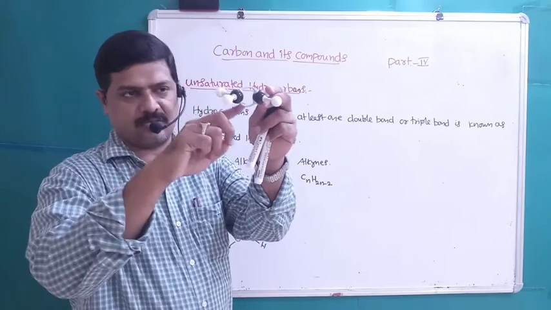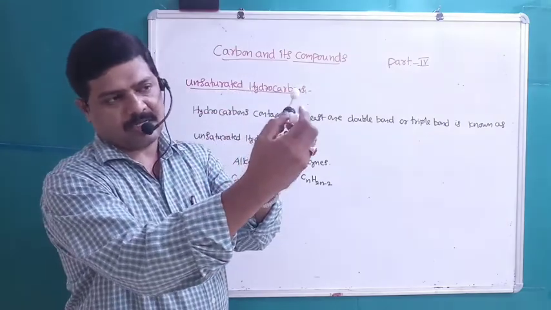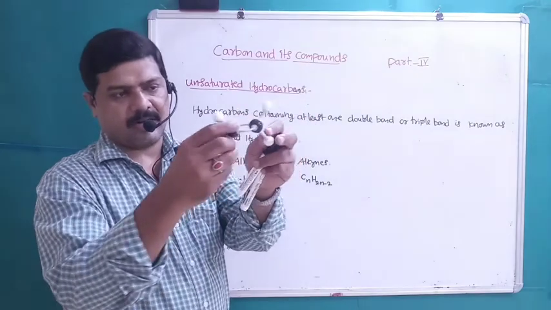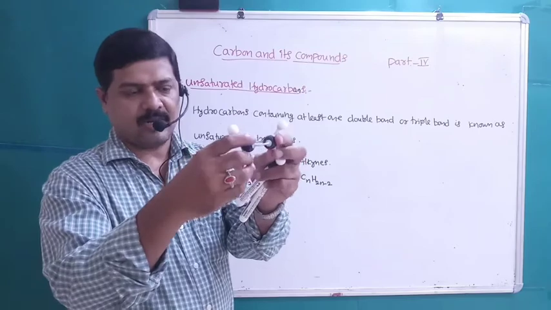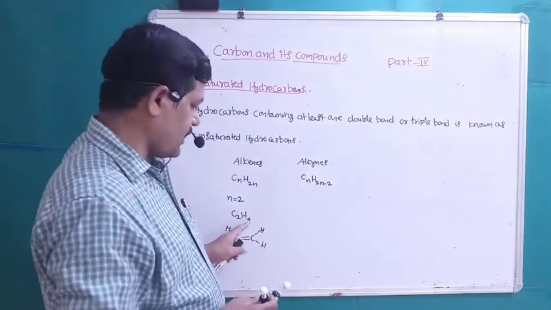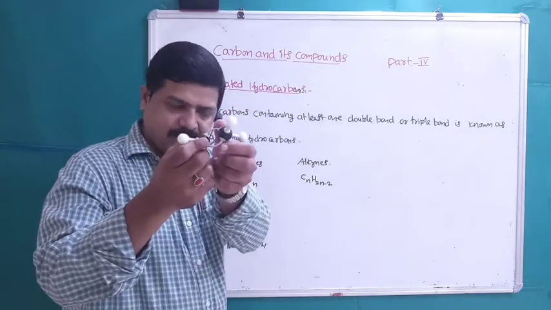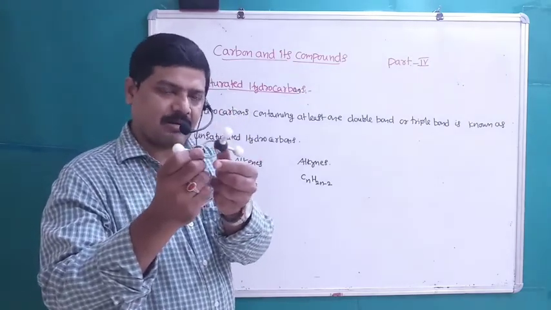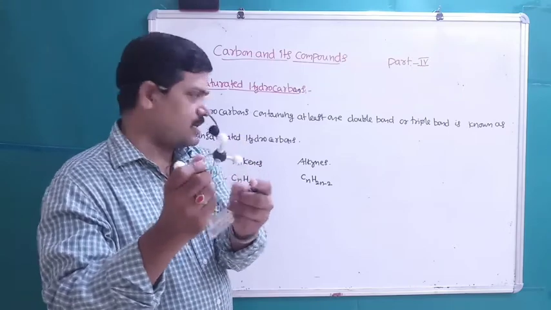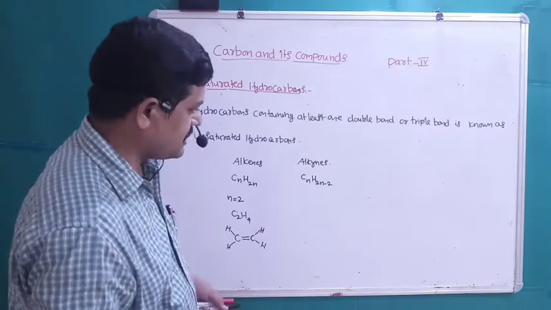Each hydrogen is bonded with a single bond, right? Which is C2H4, which we call unsaturated. If there is 1 double bond or more than 1 also, that is called unsaturated. Or if it has 1 triple bond or more than 1 triple bond, also called unsaturated.